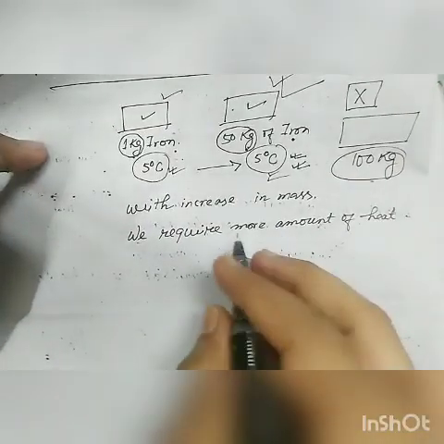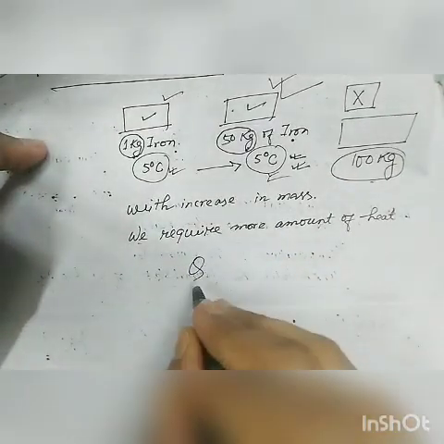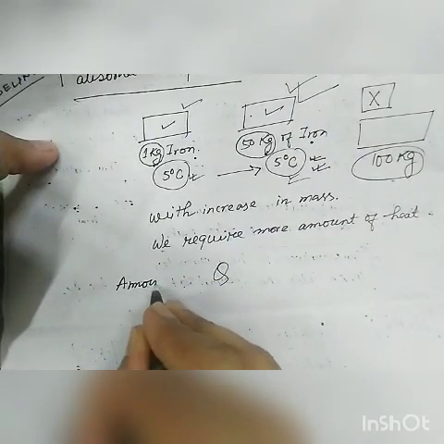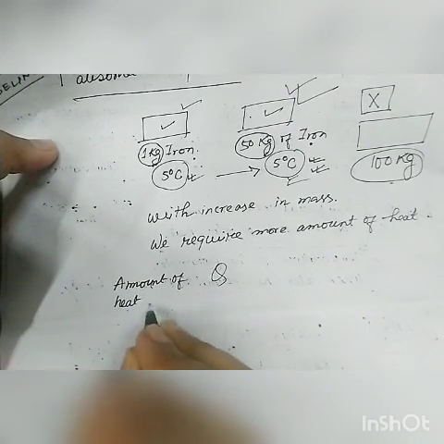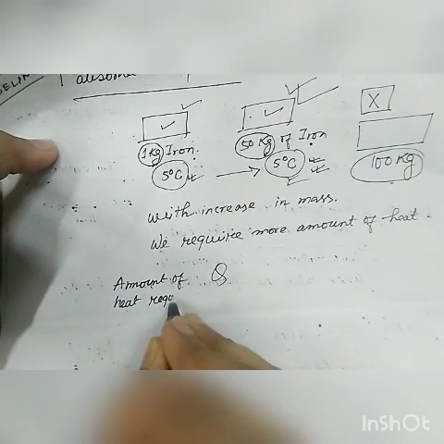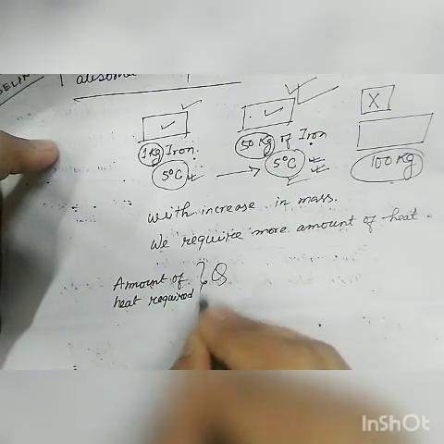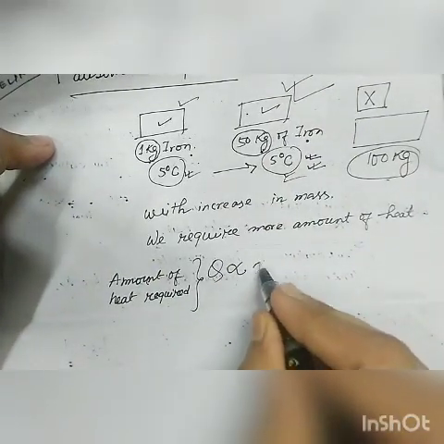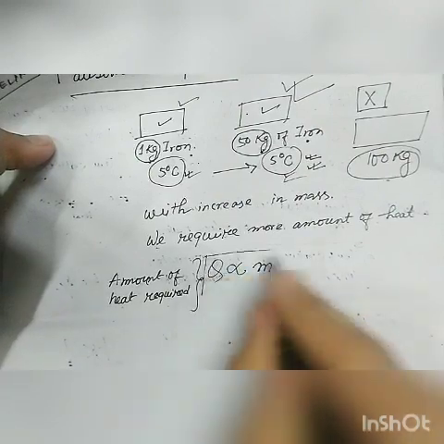So from here we can conclude that the amount of heat required, that is Q, is directly proportional to the mass of the system.